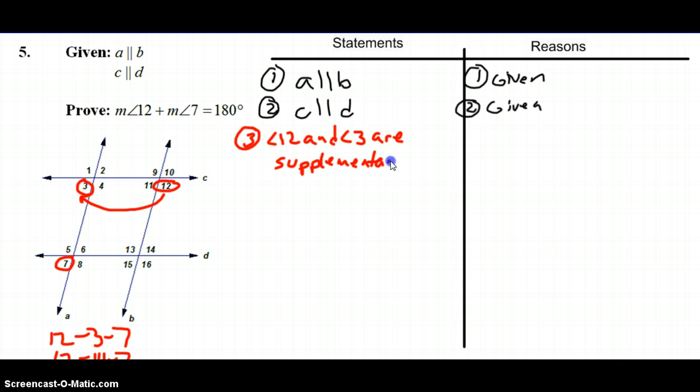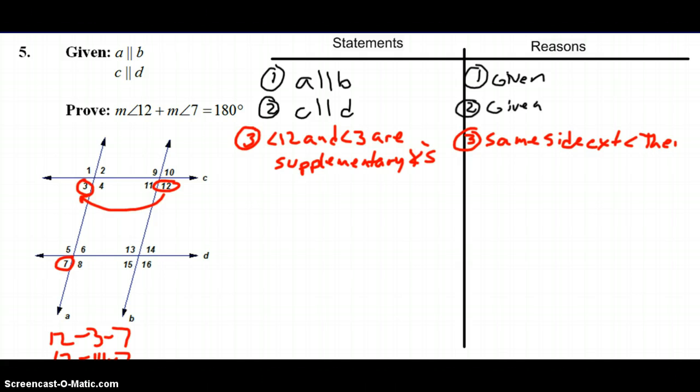The reason we know they are supplementary is the same side exterior angle theorem, which says that if the lines are parallel, then the same side exterior angles are supplementary.